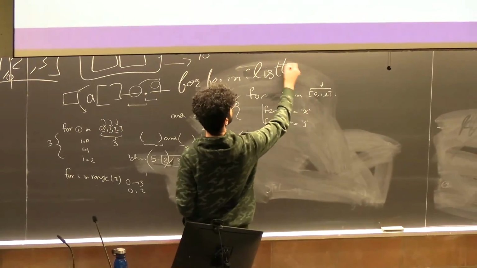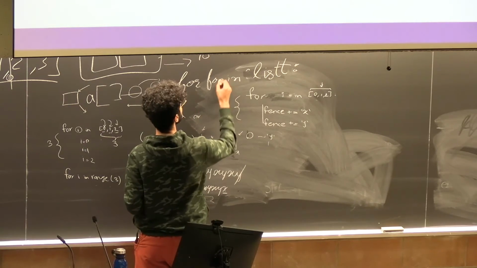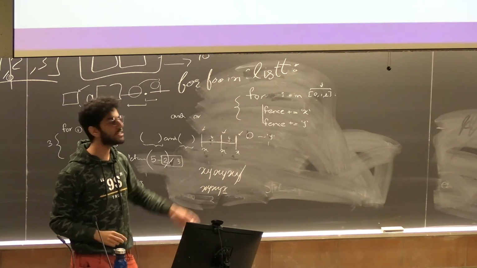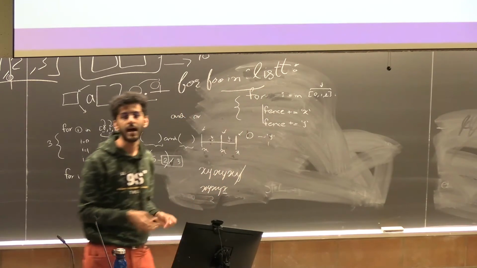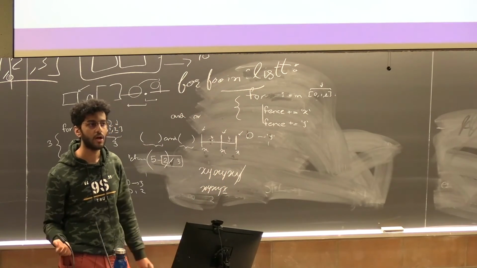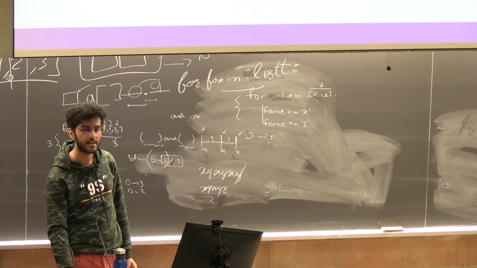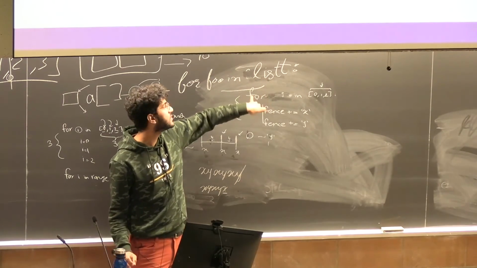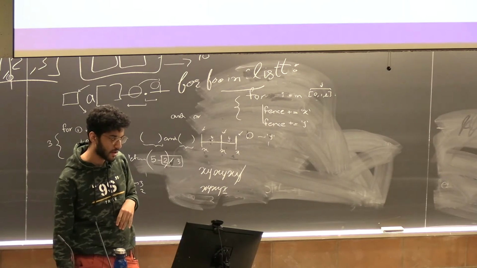Because list is a defined data type, I'm iterating over this list. But what if I change the list itself inside the loop? That usually gives an error. It might be a logical error, but that usually is an error. If you're iterating directly over a list, you should not be changing it inside the loop. That's what this is saying.